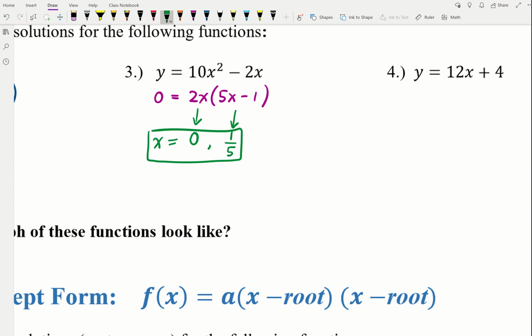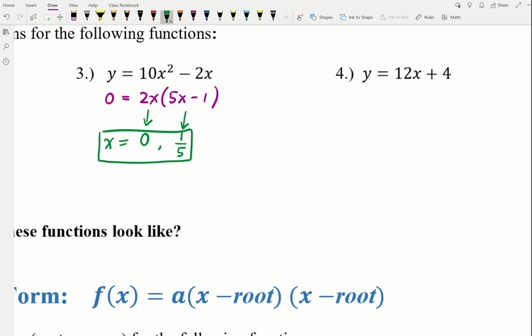All right. Now, if that is a little bit confusing to you, what I'm doing, in my head, is essentially setting up these two equations. 2x equals 0. And to solve it, I'm going to divide both sides by 2. All right. X equals 0, because 0 divided by any number is 0.